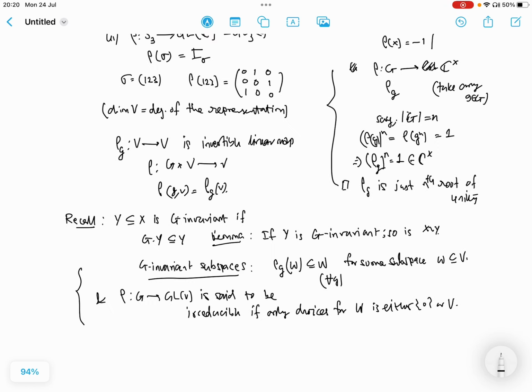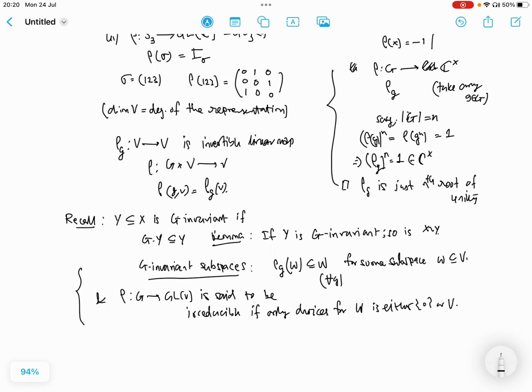And if you are considering irreducible actions, then that one-dimensional subspace must be the entire space. So the trivial representation is irreducible if and only if the vector space itself is just one-dimensional. That is pretty much clear, so I'm not writing it. Let's just call it a remark.